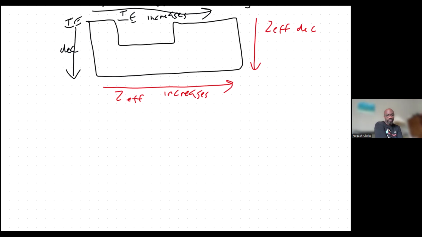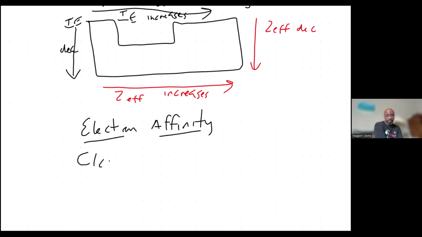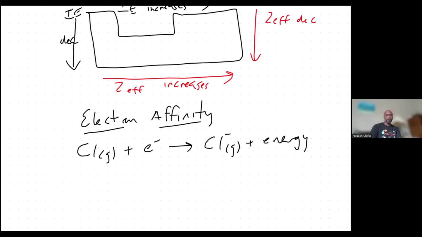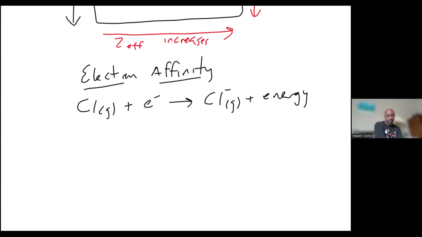Let's look at electron affinity. Electron affinity is defined as the energy released when an atom gains an electron in its gaseous phase. How does that vary across the periodic table?